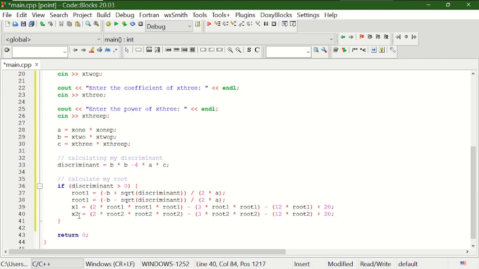Okay, since we've done that, the next thing we want to do is start expressing what we have calculated. We want the user to see what we have done.